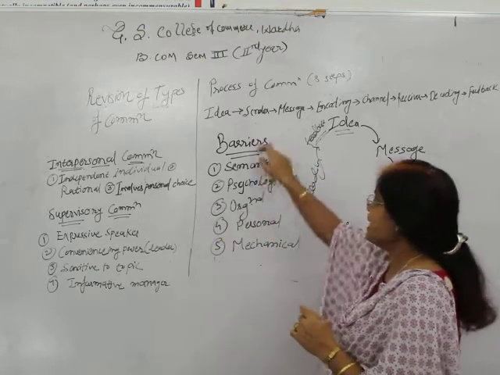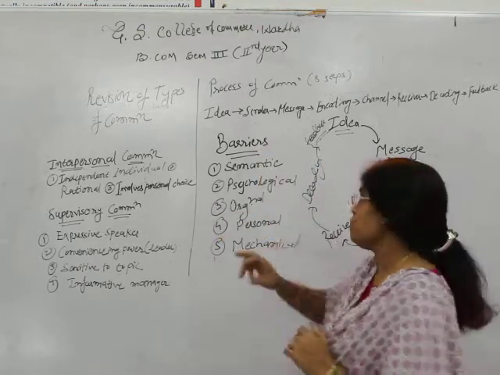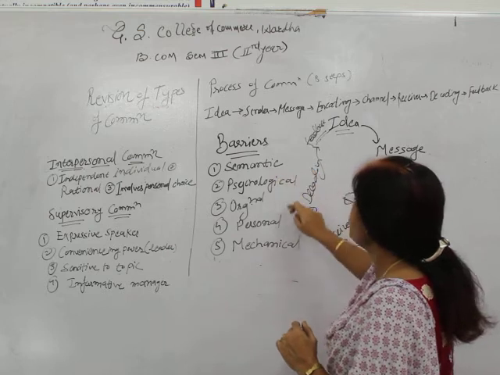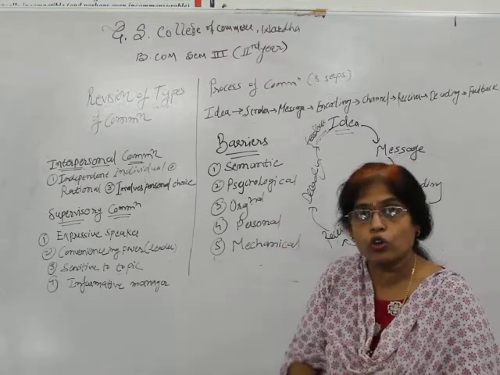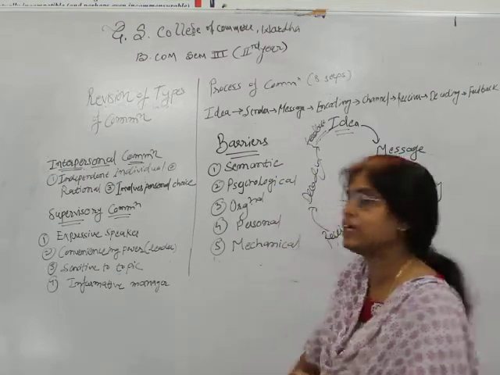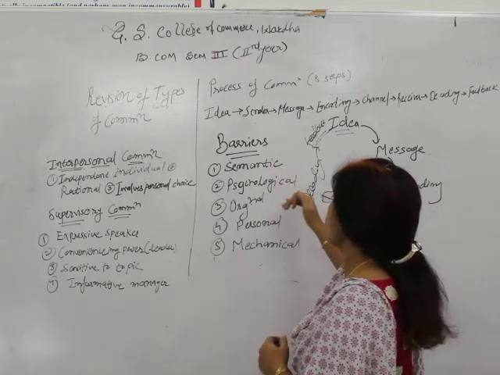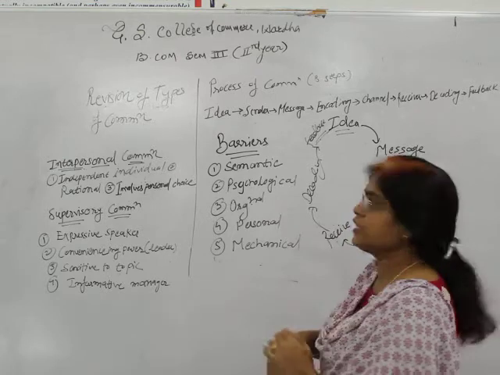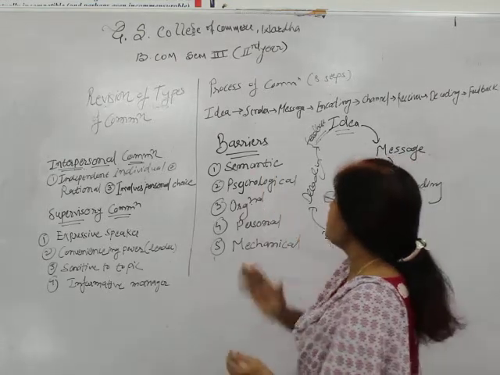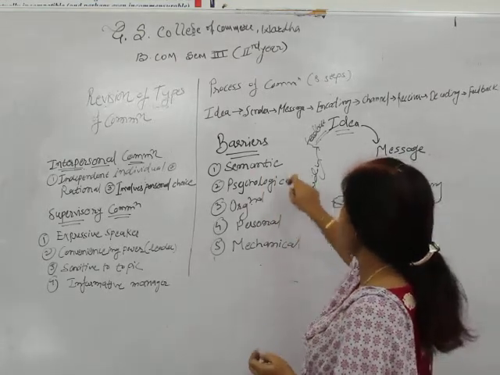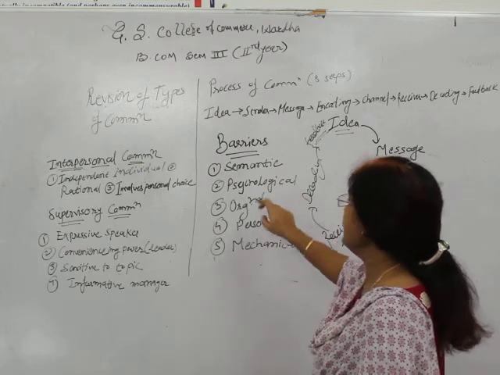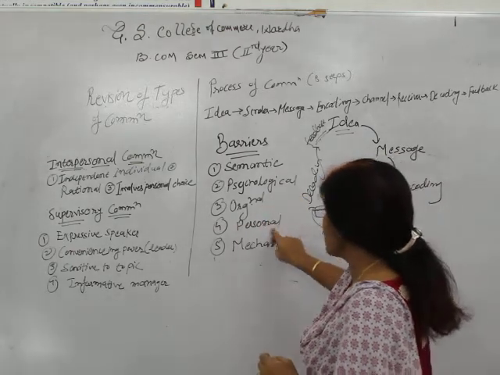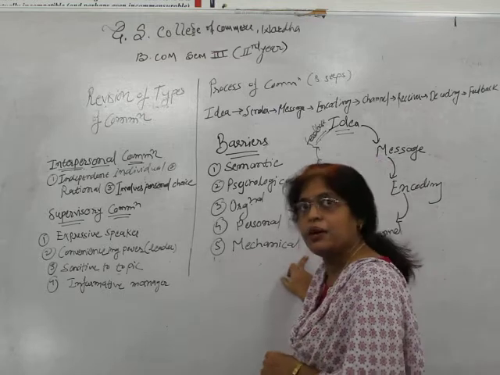Now these barriers are of five types: 1, 2, 3, 4, 5. There are five types of barriers in the process of communication. First is semantic, then psychological, then organizational, then personal barriers and mechanical barriers.